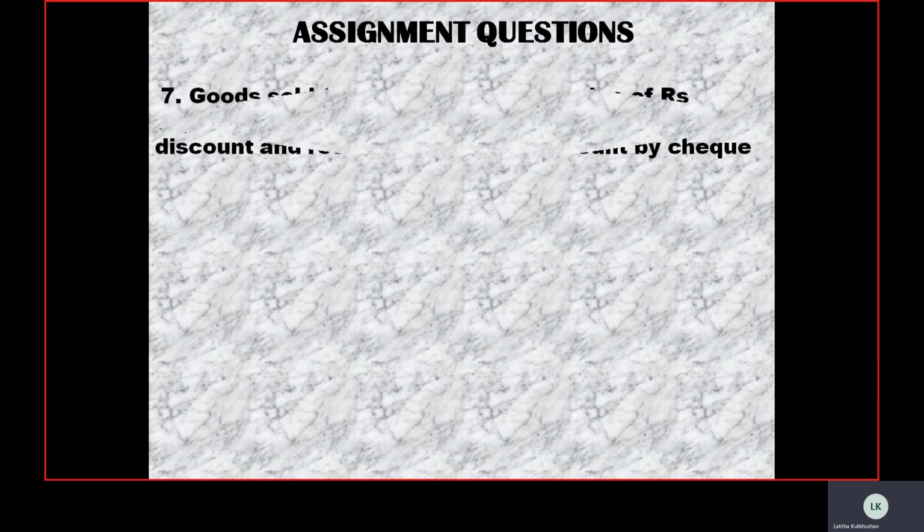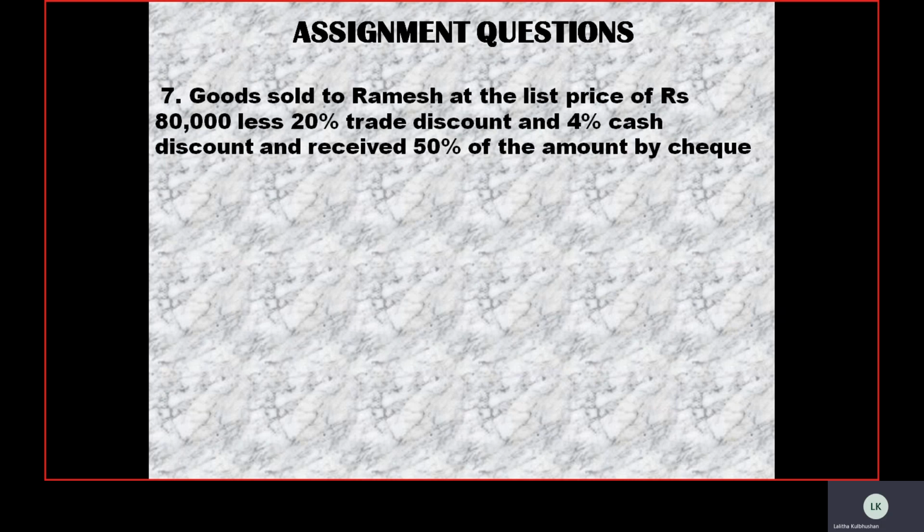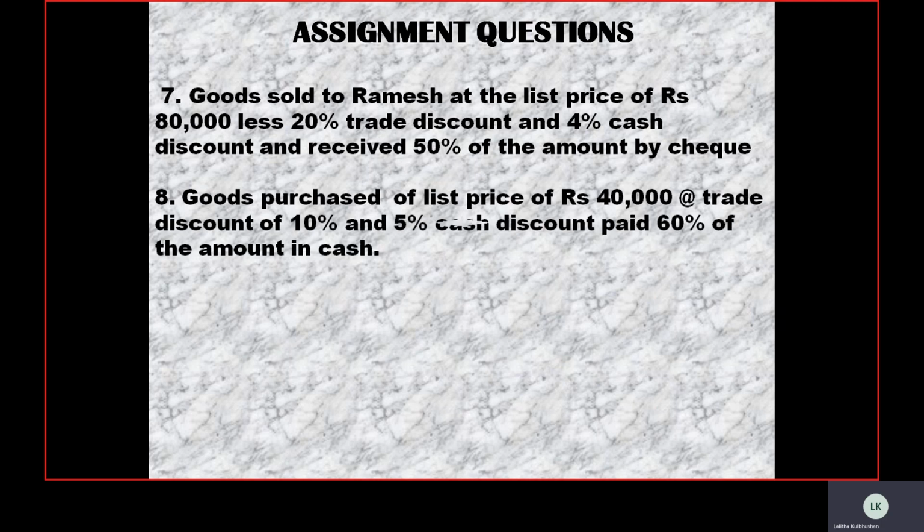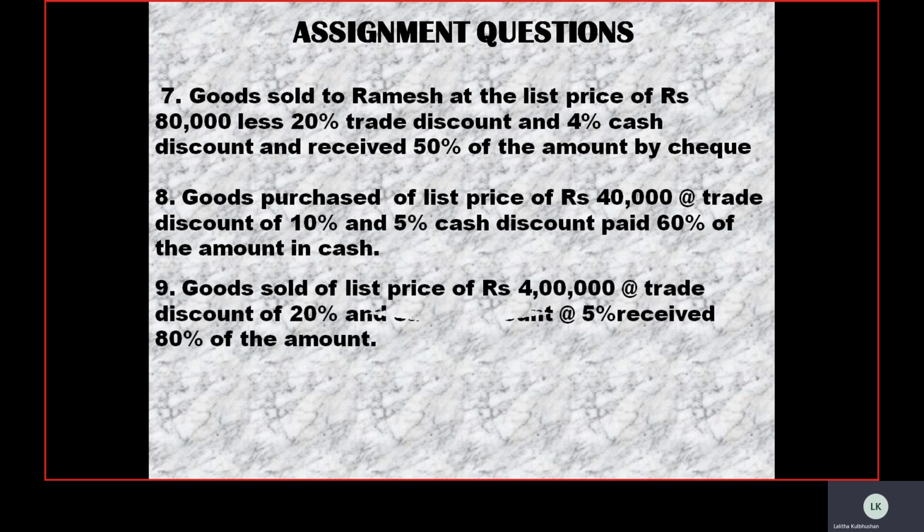Okay, and now the next few more transactions which we are supposed to do here: goods sold to Ramesh at the list price of rupees 80,000 less 20% trade discount and 4% cash discount, and received 50% of the amount by cheque. And the next is goods purchased of list price of rupees 40,000 at trade discount of 10% and 5% cash discount, and the amount paid is 60% of the amount in cash.